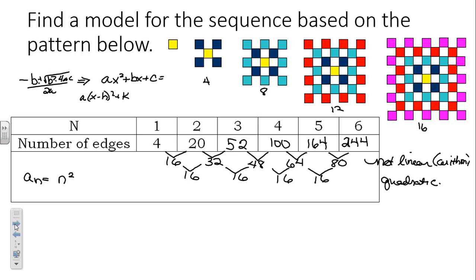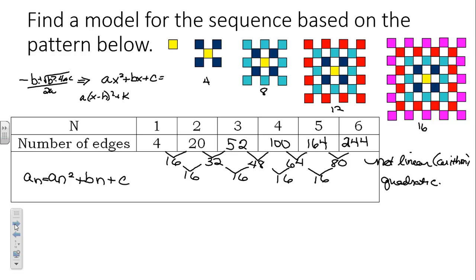Okay, so we know it's going to look something like this, but we don't know what the number in front of n squared is going to be, or the number in front of n, or the constant. But we can find them, and we do that by starting with our first three terms.